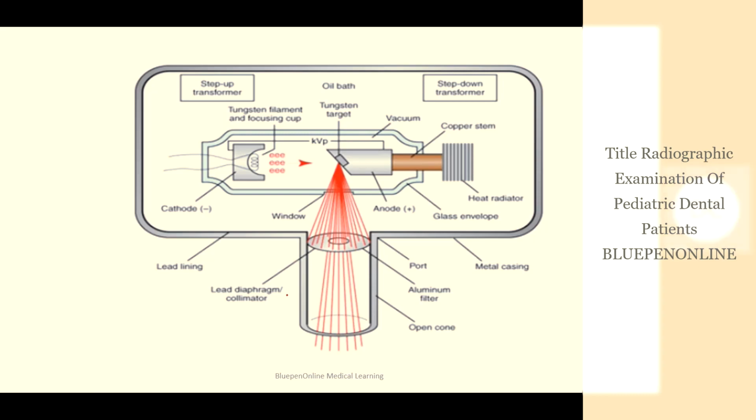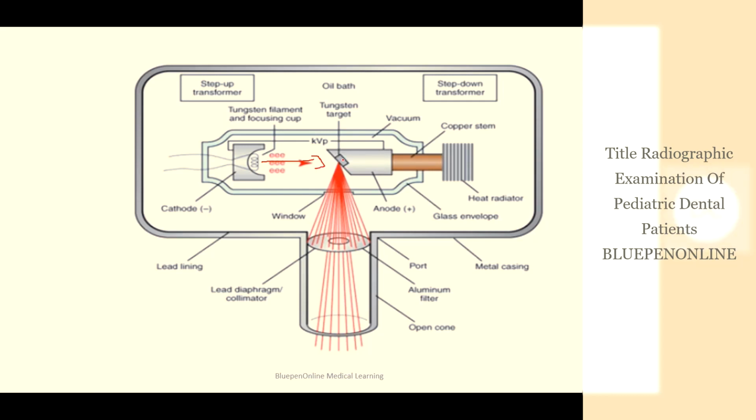So within the tube head, we have this structure. It basically consists of a tungsten filament. So this tungsten filament will be present within a focusing cup. And from this tungsten filament, the electrons will be emitted. And this is a target.